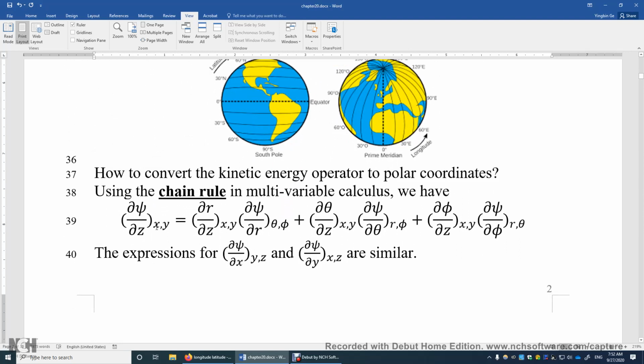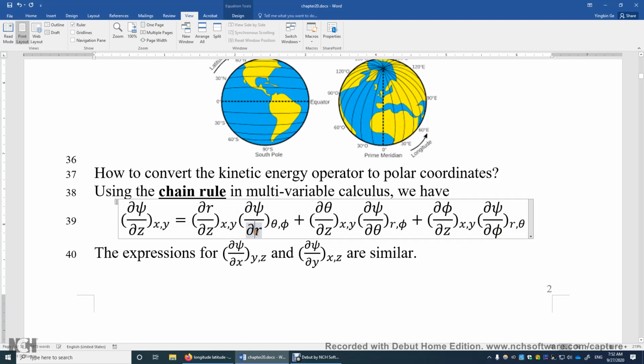How do we convert the kinetic energy operator to polar coordinates? Well, we'll just use the chain rule in calculus. This is the first derivative of the wave function psi with respect to z. Because r depends on z and psi depends on r, theta depends on z and psi depends on theta, and phi depends on z and psi depends on phi, we have this chain rule over here playing its role.